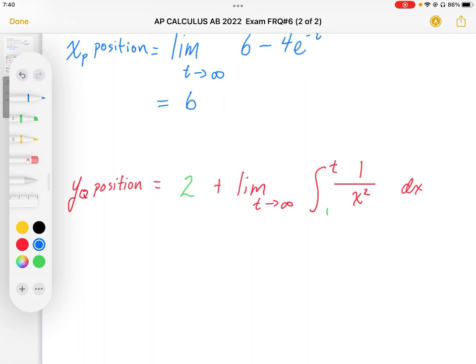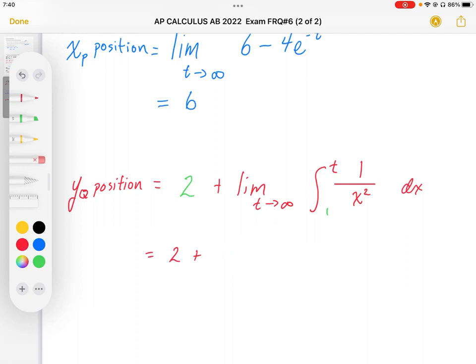When we evaluate this limit, this works out to be 2 plus, we're going to anti-differentiate the 1 over x function, so we get negative 1 over x.